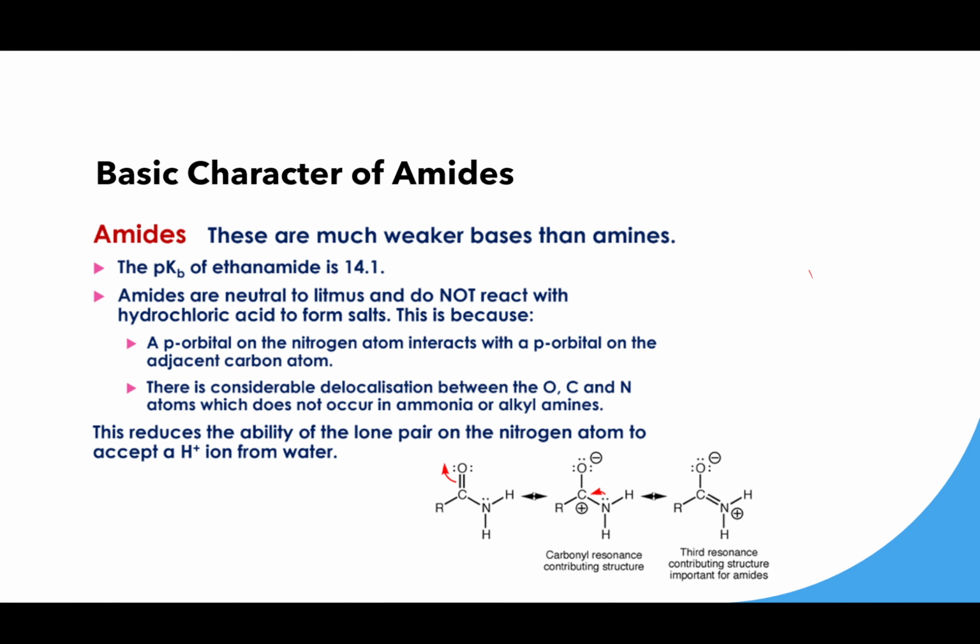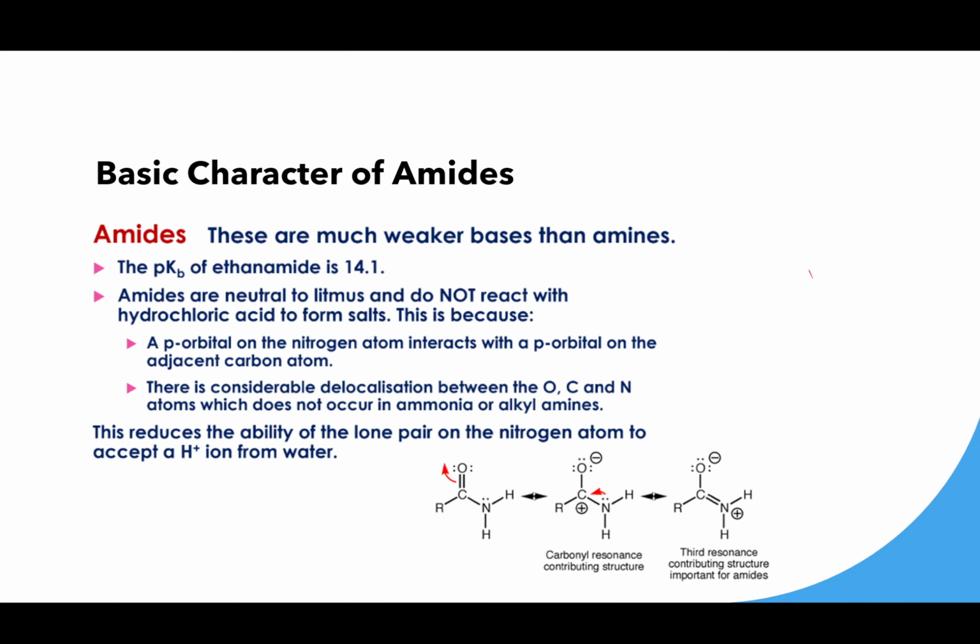So we're talking about the availability of the lone pair. If we have an amide like this, shifting the electrons constantly between carbon and oxygen and between carbon and nitrogen, it's not going to be as available as we want it to be for it to accept a proton.